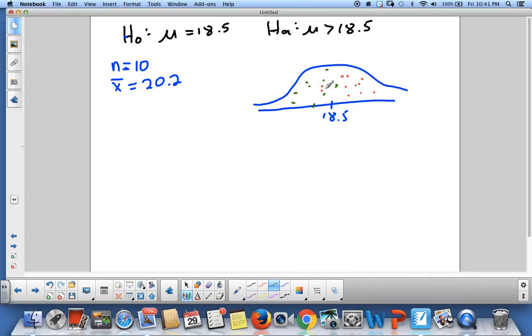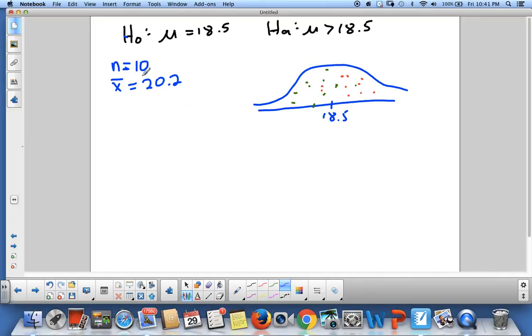What we're looking at is what's the reason this number is bigger. It's either because of randomness, like we happen to grab the red group instead of the green group in our sample. The other possibility is that this number is not good, this is not true, and it's actually a true statement. So what we're going to do is try to figure out the probability so we can make an educated decision on this.